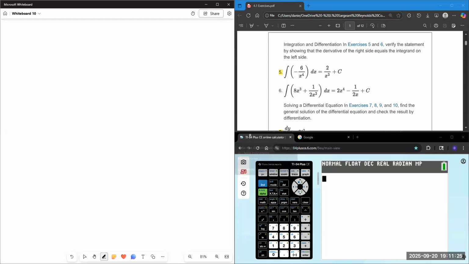So let's start off with our first problem here that will show that relationship. They have given us a problem here where they have found the antiderivative and they want us to prove that this work is correct by taking the derivative of both sides.